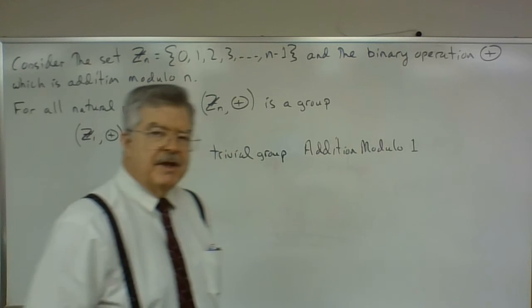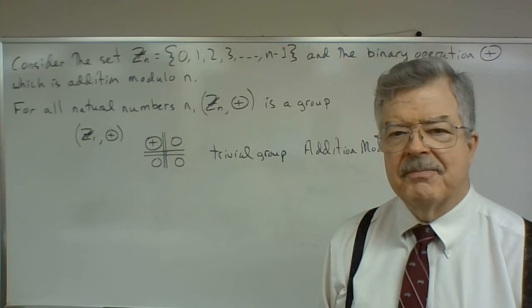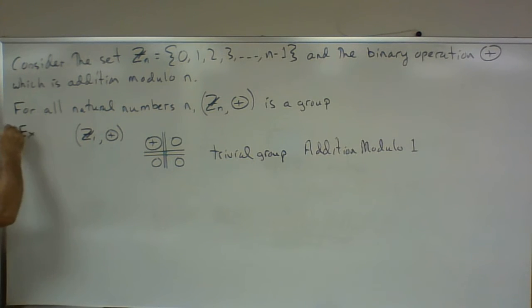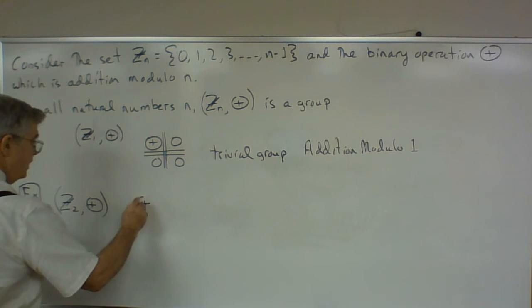Now let's look at something a little less trivial, but not much less. This is the set of integers 0 and 1 under addition modulo 2. So let's look at the group table for this.